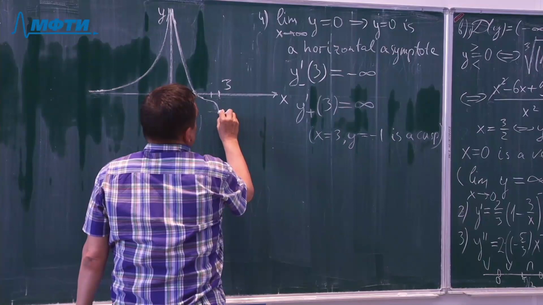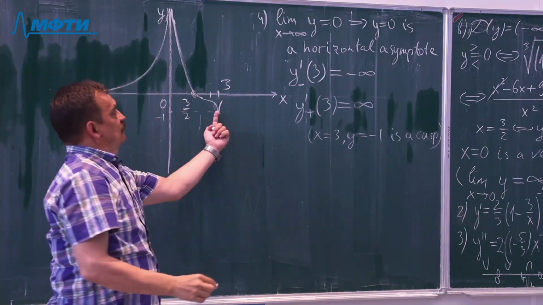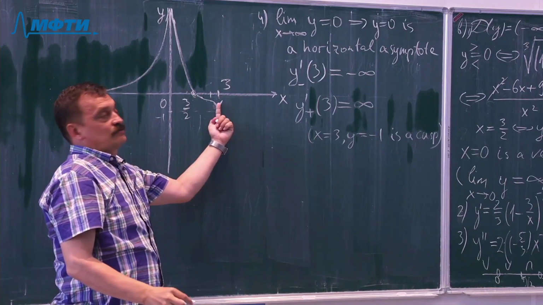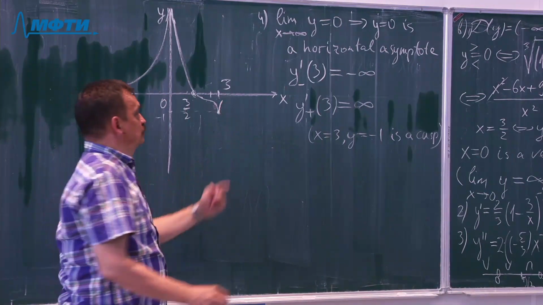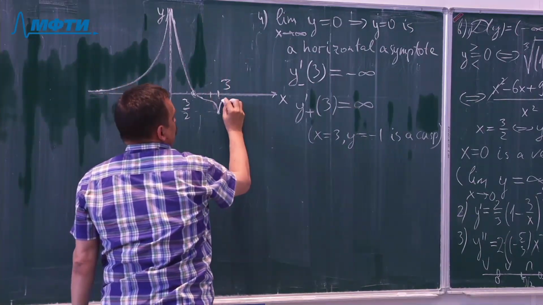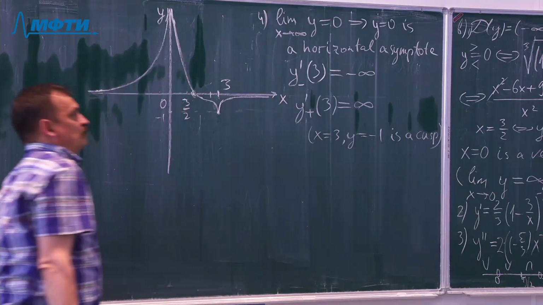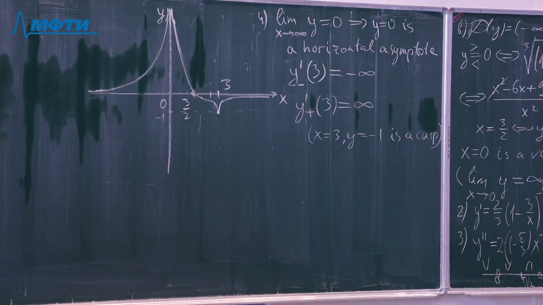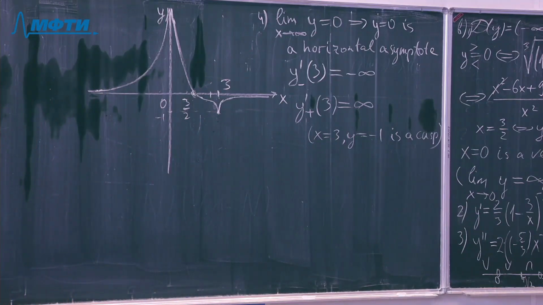And again, x equals to 3. From the right-hand side also we have a vertical tangent. If we approach, same convexity up, and approach the horizontal asymptote. So you see a cusp, right? And that is the graph.